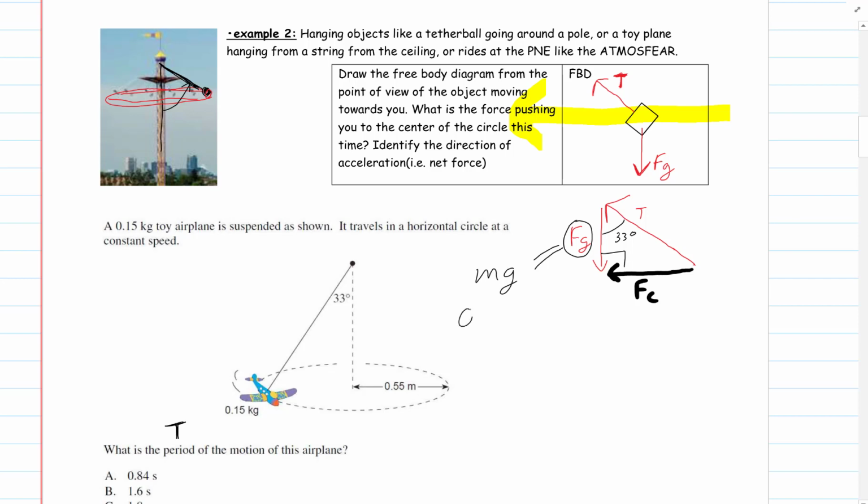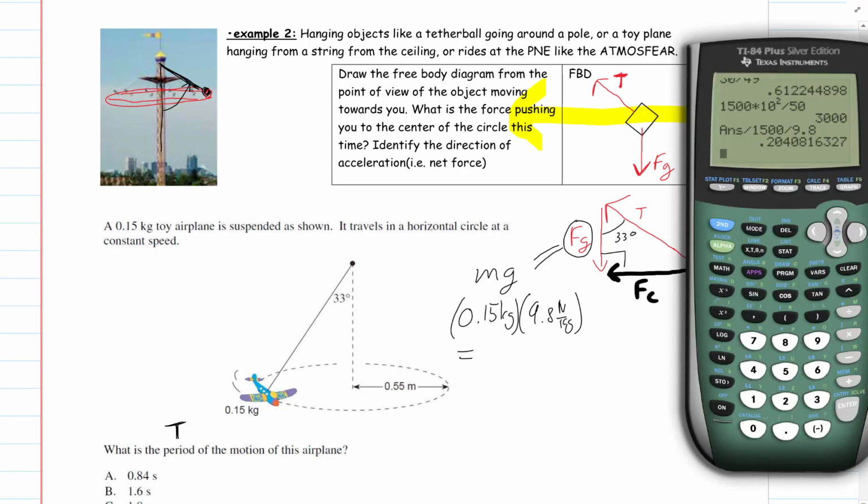So mass is 0.15 kg, and g is 9.8 newtons per kilogram. So the force of gravity, this side of the triangle, is going to be 0.15 times 9.8, 1.47 newtons.